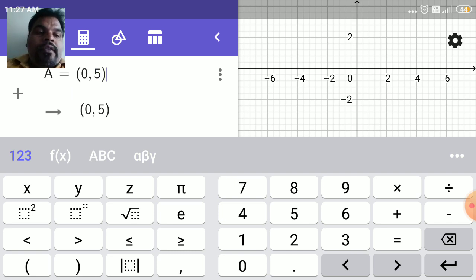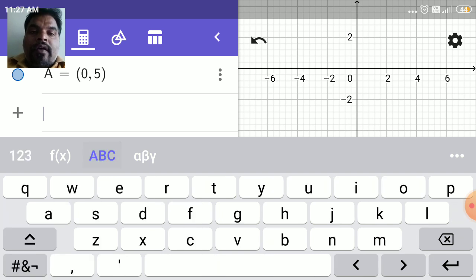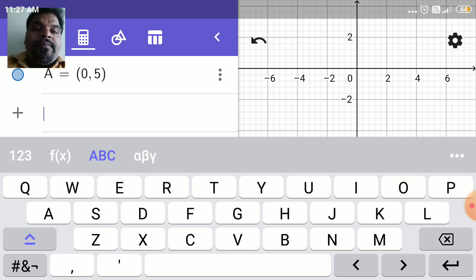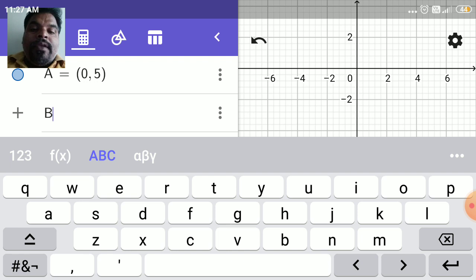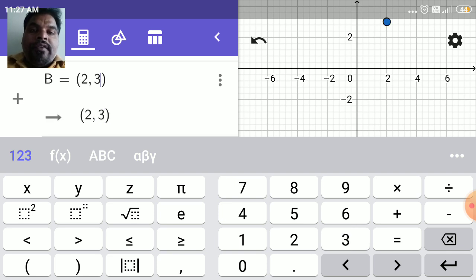Then input the second point of the first equation, the second solution of the first equation. The point is B and the coordinates of that point are 1 comma 4. This is the third point.